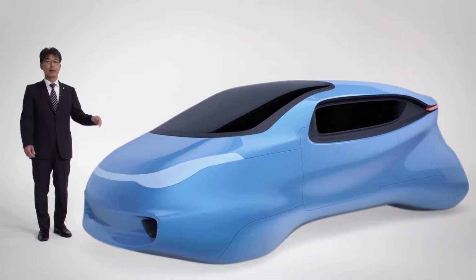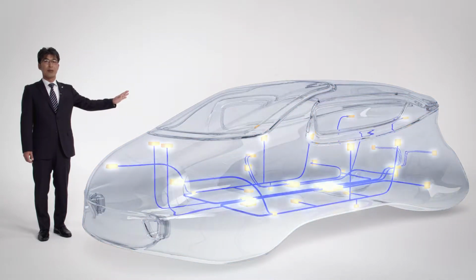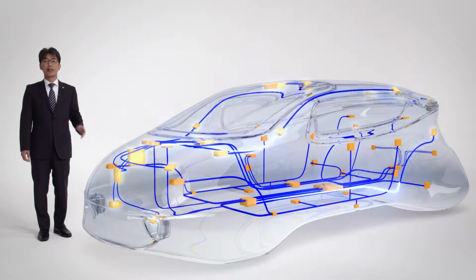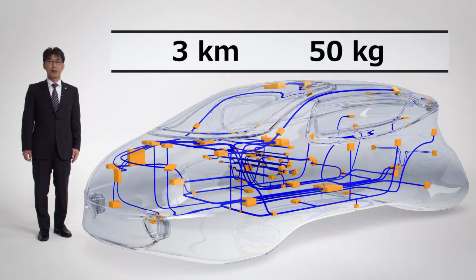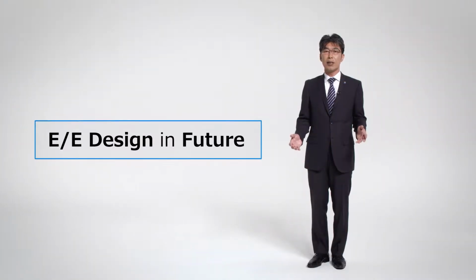For this reason, the wire harness linking these together has now grown to a total length of 3 kilometers and weighs 50 kilograms. As automobiles become increasingly electrified and intelligent, the question becomes, do we need a completely new development environment to respond to the next generation EE design?